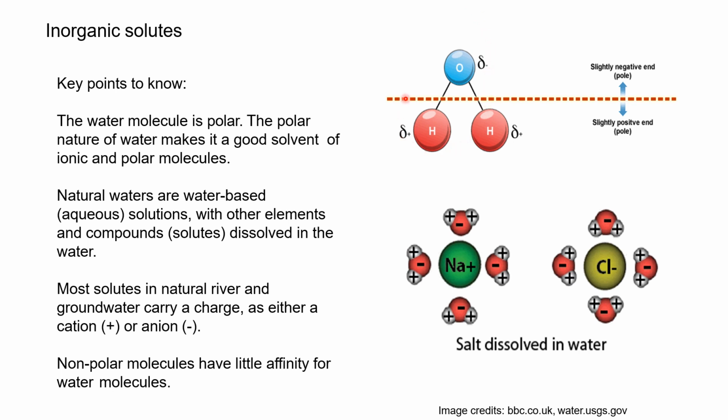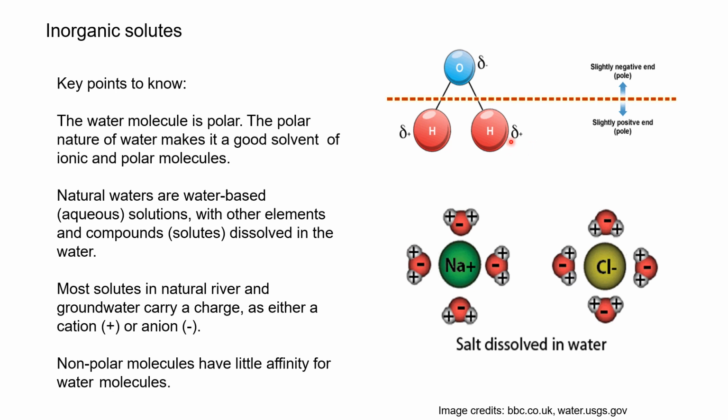This is a water molecule, which is made of H2O, so two hydrogens, there's one, there's the other, and one oxygen. The way that the oxygen and the hydrogen bind in a molecule is that it's not completely balanced in terms of the charge, and there's a little bit of a negative charge on the oxygen part of the water molecule and a little bit of positive charge on the hydrogen parts.